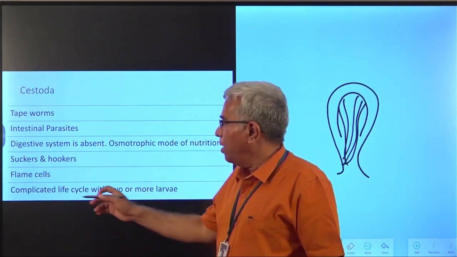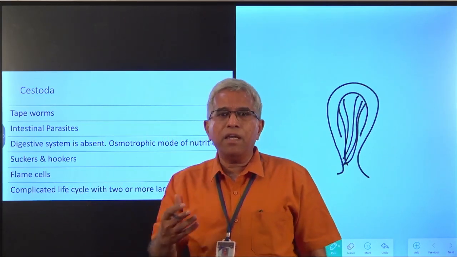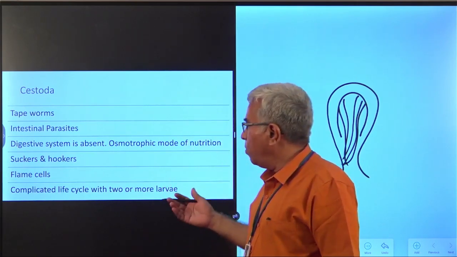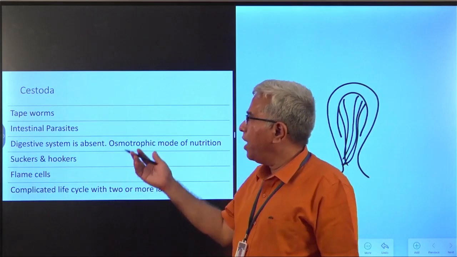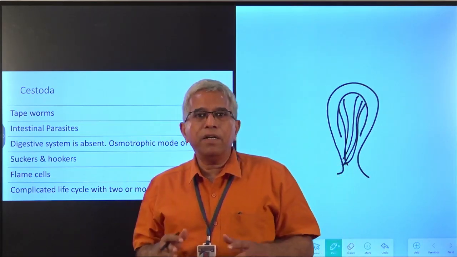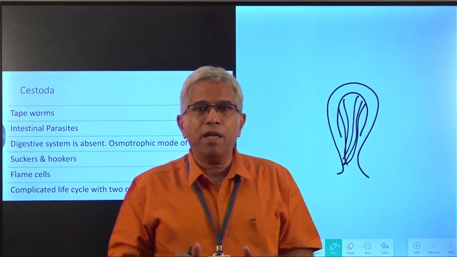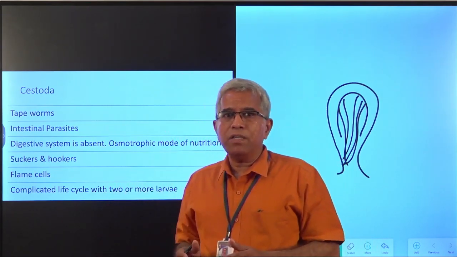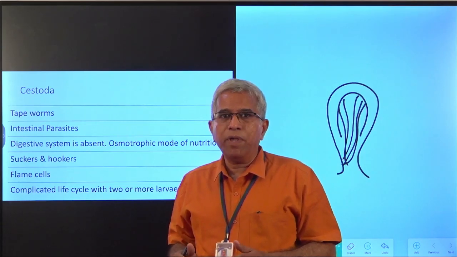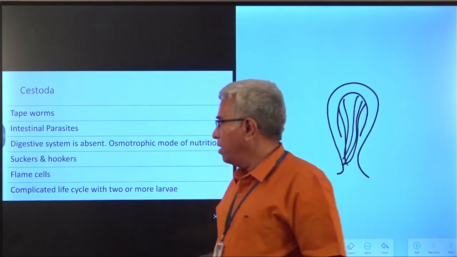And coming to the life cycle, it is highly complicated with 2 or more hosts. For example, Taenia solium is a digenetic parasite which completes its life cycle in human being and pig. And there are many larval stages like hexacanth, oncosphere, Cysticercus larva.